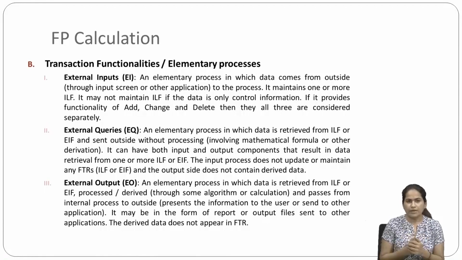And from where can it come? It can come through an input screen or any other application. As the name suggests, it is external input, means from somewhere outside it is coming into your process or your system. It maintains one or more ILF.